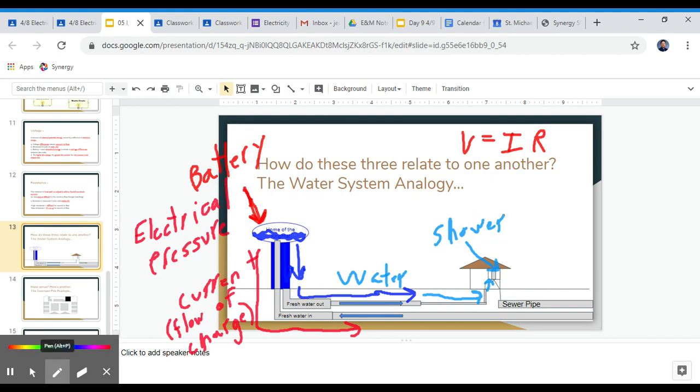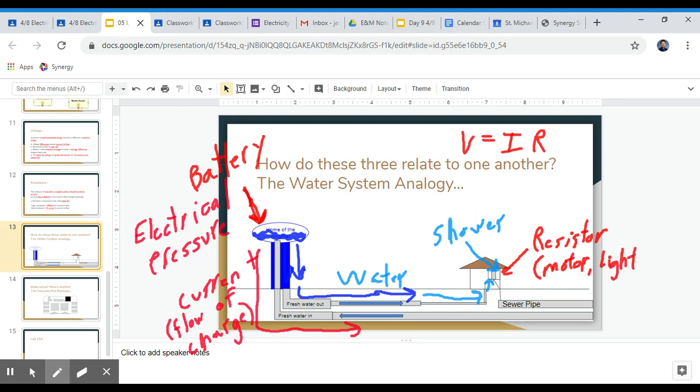When we're talking electricity, something like your shower or your sink would be considered a resistor. In electricity, a resistor might be something like a motor or a light bulb. It's anything that uses electricity, just as with the water analogy it's something that uses water.